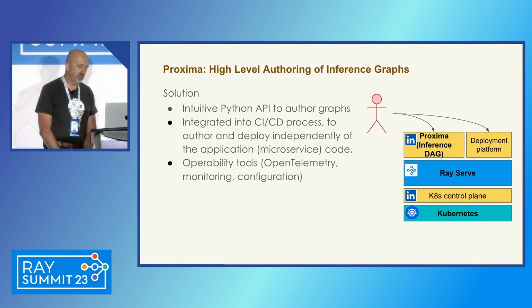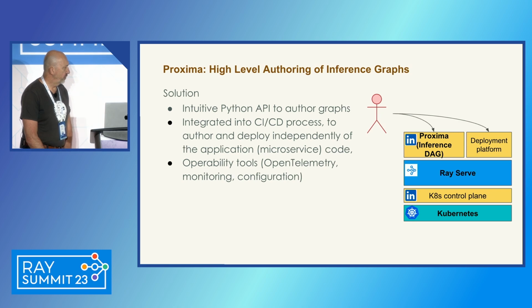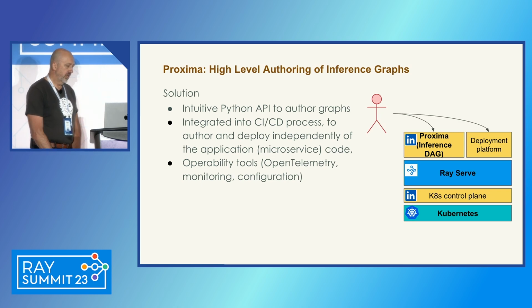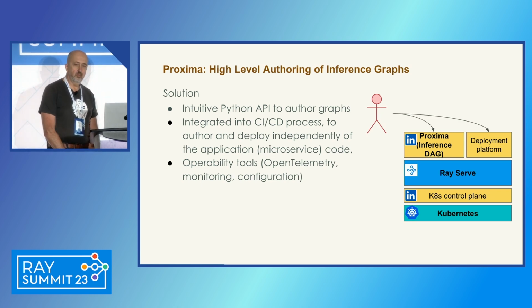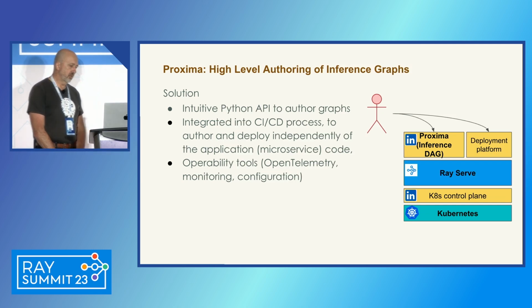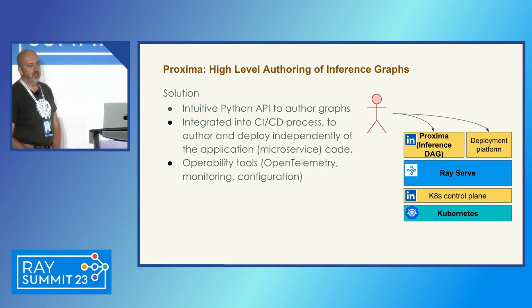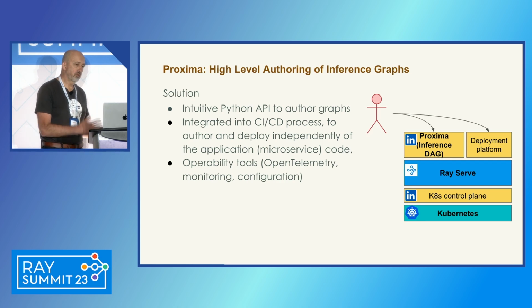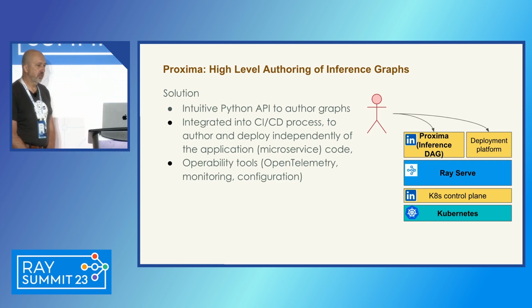So this is just an idea of how this whole stack looks. There's Kubernetes at the bottom, and there's a control plane, something parallel to, I would say, KubeRay, but specific to LinkedIn applications and microservice architectures.